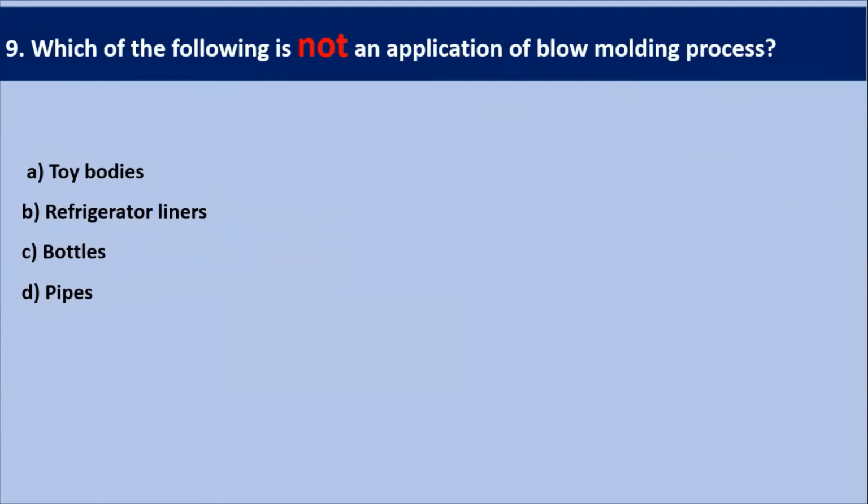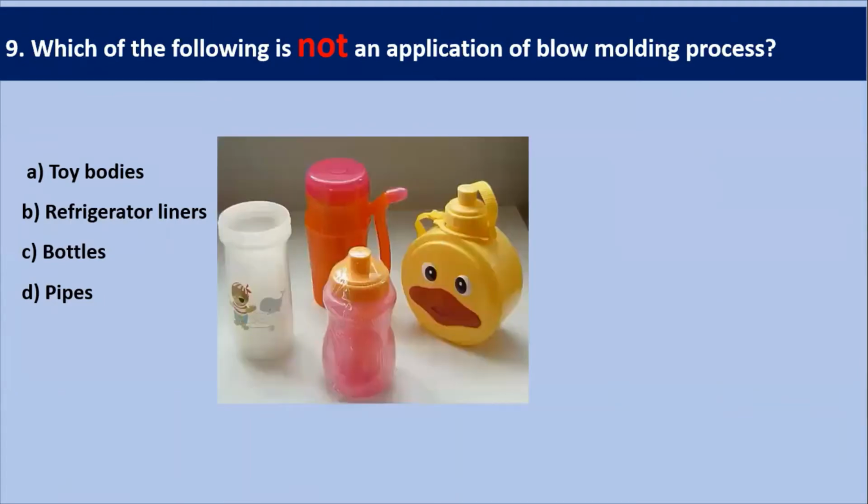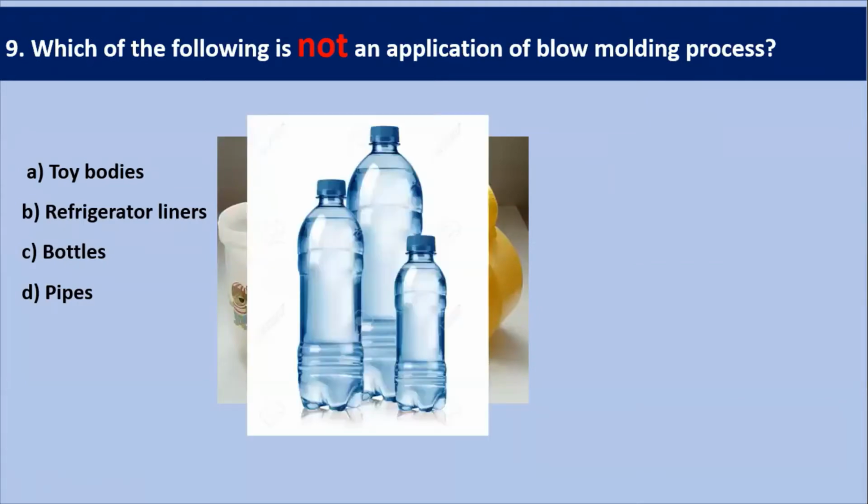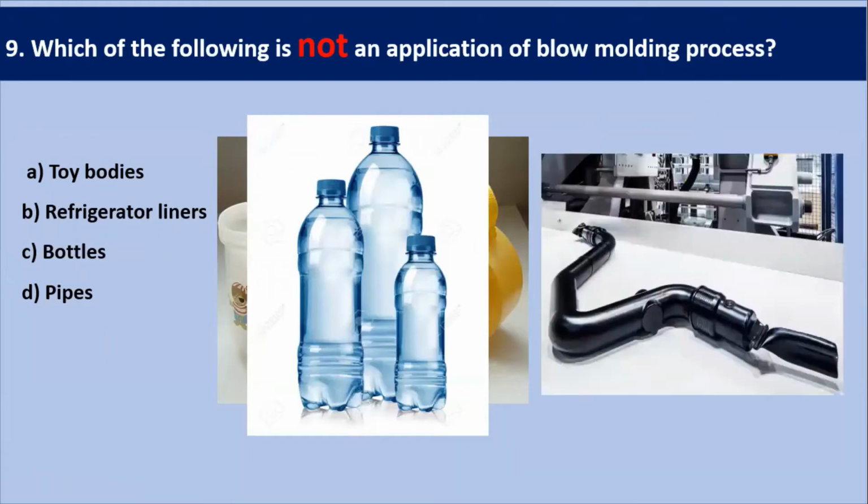Next question: which of the following is not an application of a molding process? I've shown here some diagrams. These are toy bodies, then the bottles, and also the pipes. All these are made using the blow molding process.